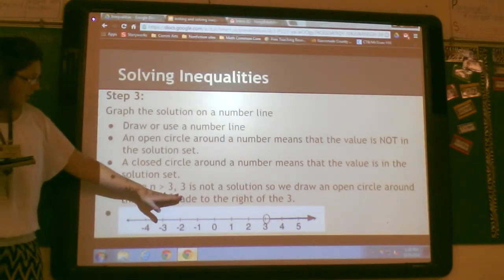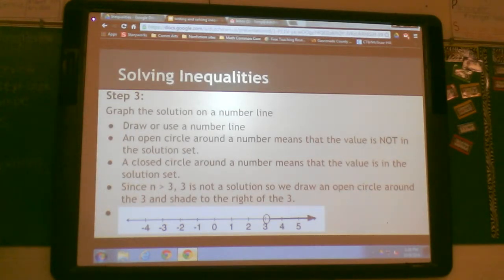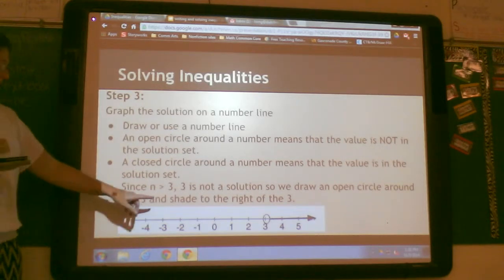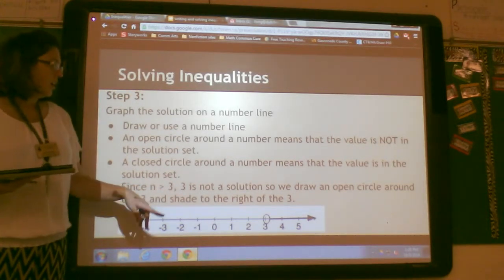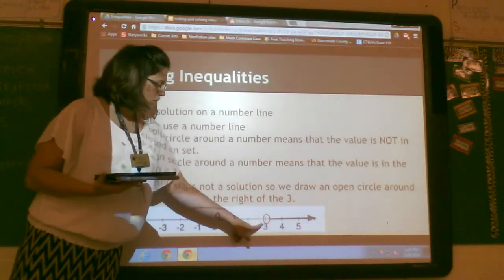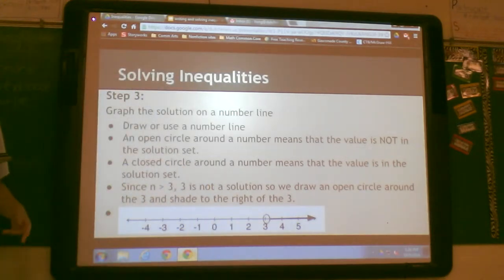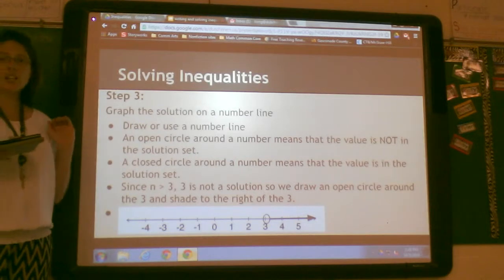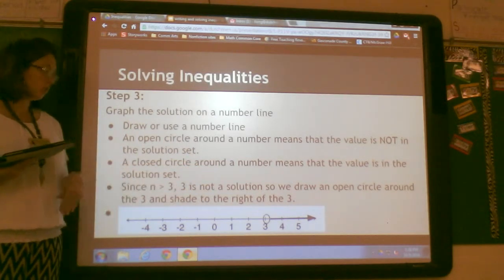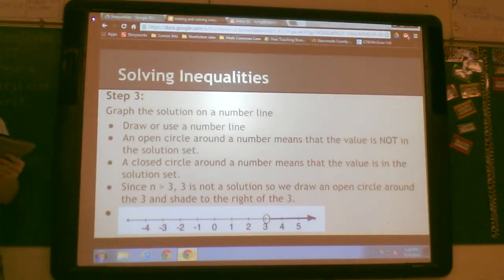If we're looking at our inequality, since we have n is greater than 3, 3 is not part of it because it does not have equal to with it. So we draw an open circle around the 3, and then we shade an arrow to the right because that says anything greater than 3 is in our solution set.